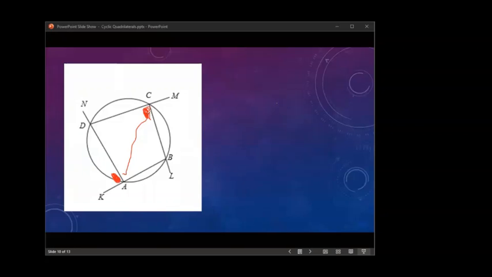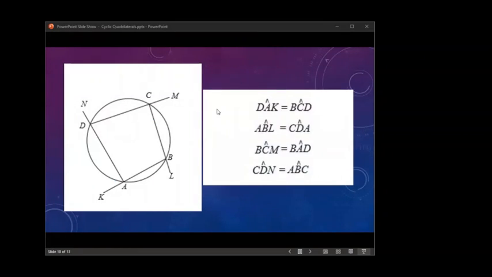That means this angle and this angle are equal. That's what the theorem said. So all the exterior angles so formed can be explained like that. DAK is equal to BCD, ABL is equal to CDA, BCM is equal to BAD, and CDN is equal to ABC.